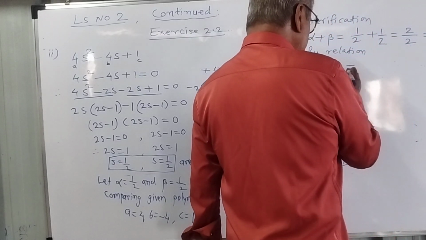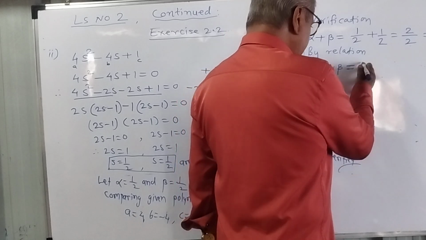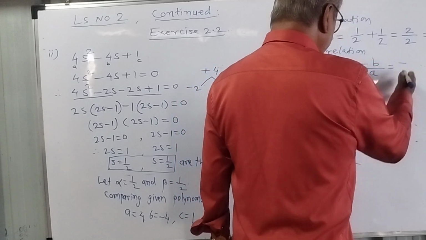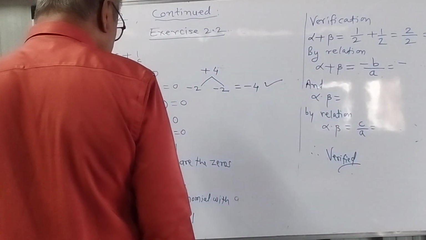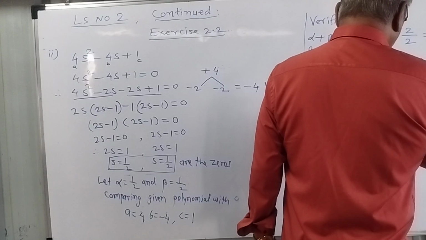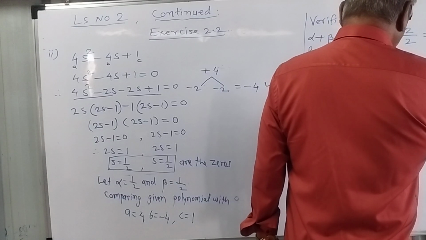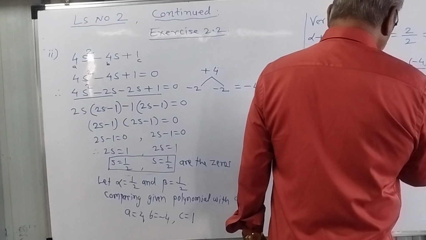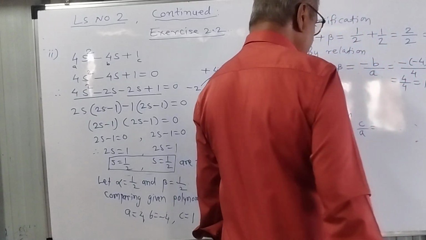And by relation, what is the relation? Alpha plus beta is minus b upon a. So minus, what is b here? Again minus 4, minus of minus 4 upon 4 will be 4 upon 4, which is equal to 1.